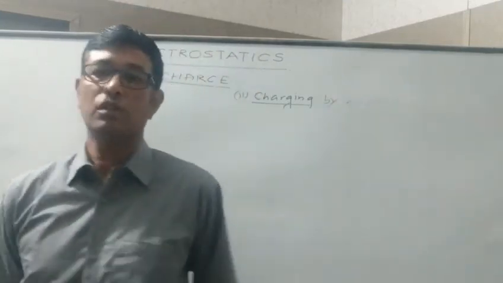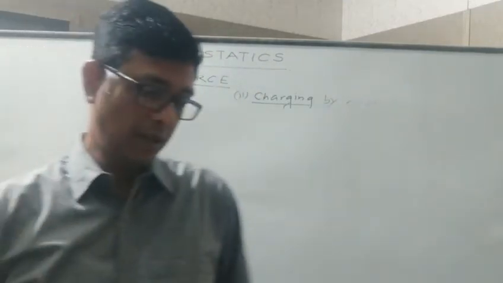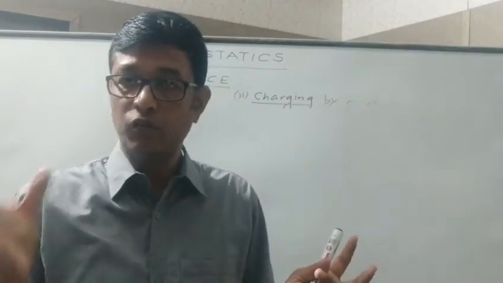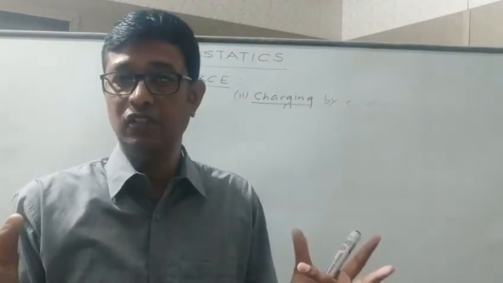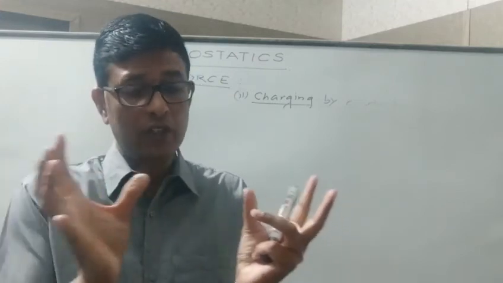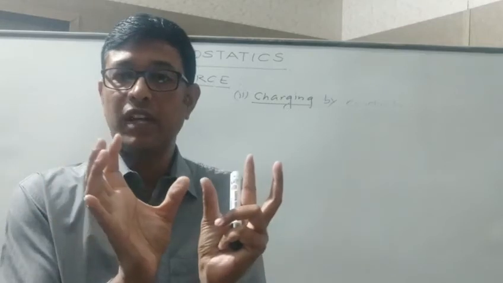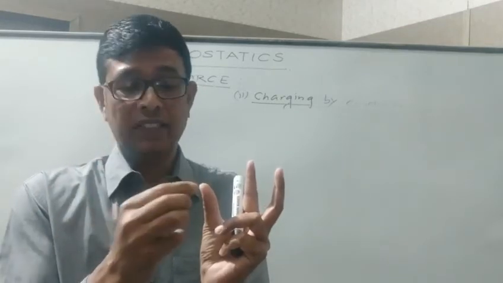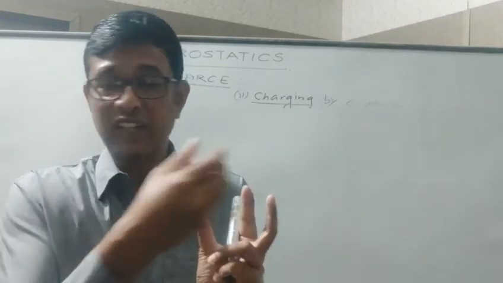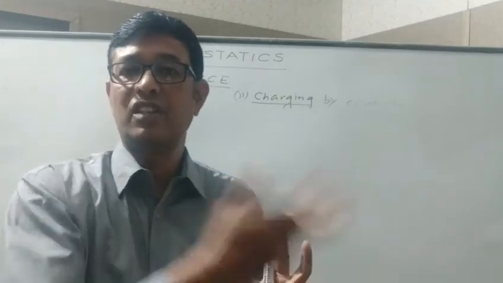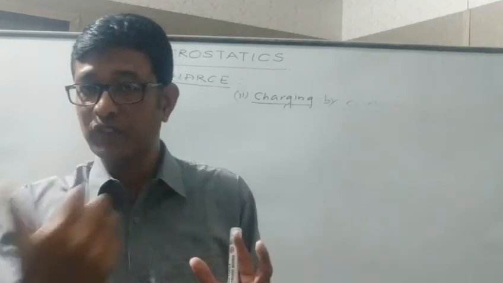Now here, what we need to do is take two bodies, one charged and the other uncharged. When they are brought in contact, not rubbed, simply brought in contact with each other, at the point of contact the charge gets shared between the two bodies. So the uncharged body also gets charged, similar to the charged body.